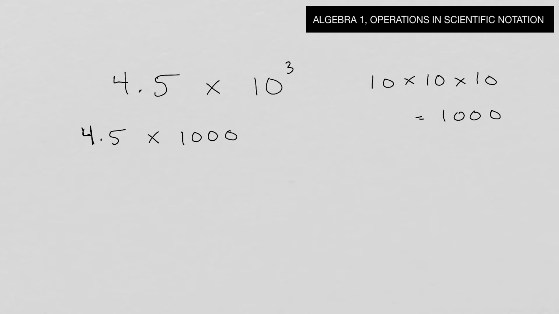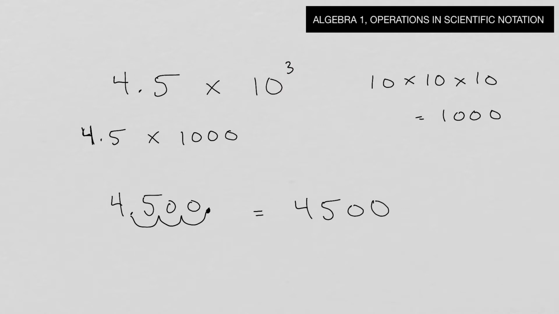I look at this exponent, 10 to the third power, which means I move this decimal to the right 1, 2, 3 times and fill it in with zeros. So we get 4,500. We're just moving the decimal place over 3 times because of the third power.